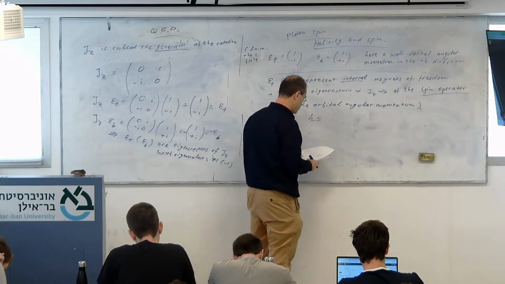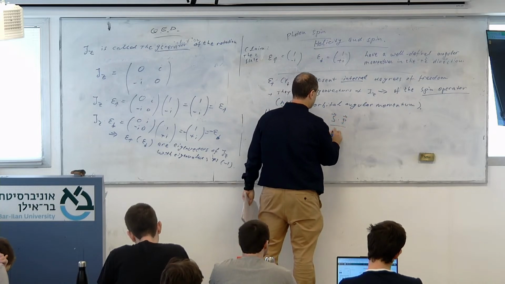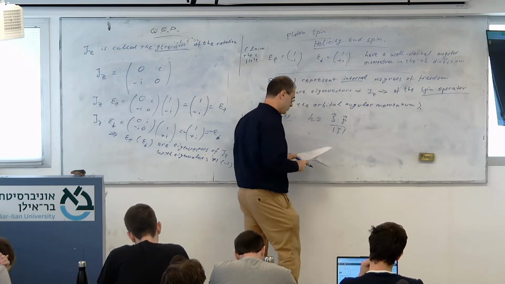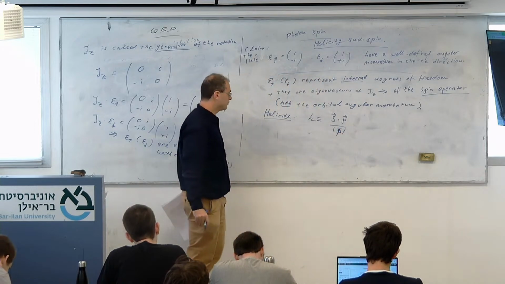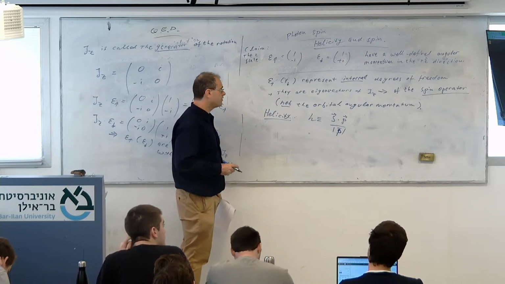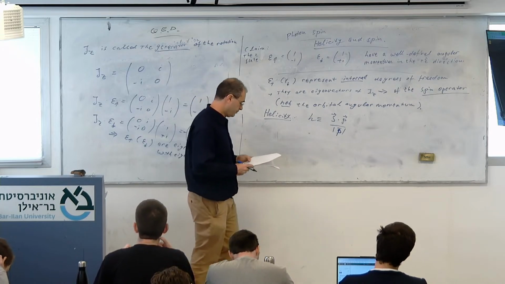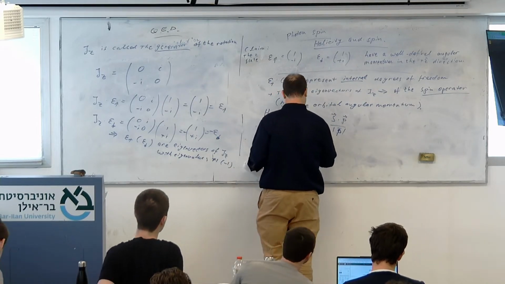So this is s dot p divided by p. Basically the projection of the spin in the direction of motion. Then we get h here is equal to plus minus 1.